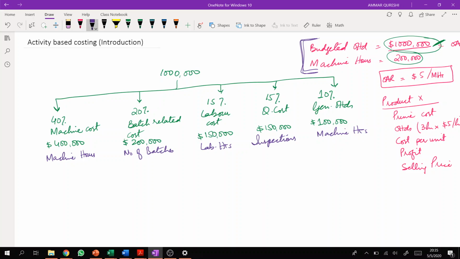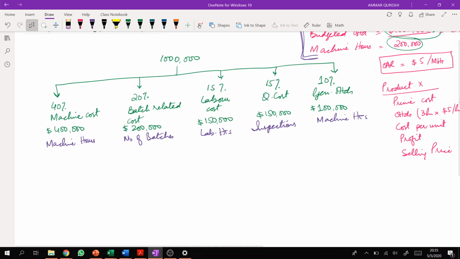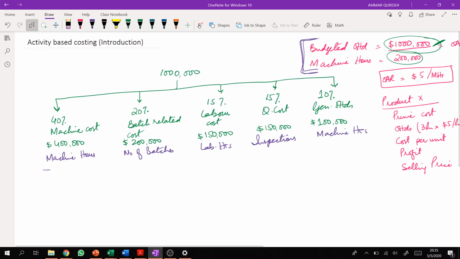So now we need to identify cost drivers or activity levels for each and every cost pool. Now let's take a simple example. Let's say machine hours were expected to be 200,000.